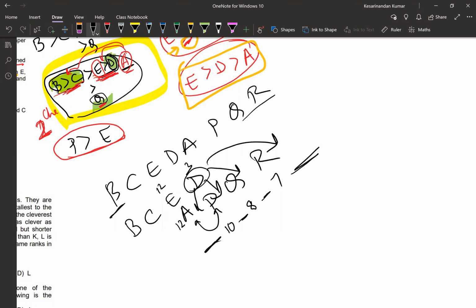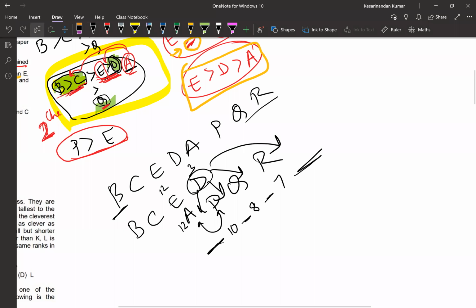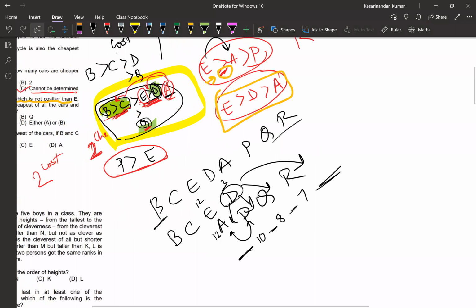Yes, ma'am. Actually, I considered only the first case that R is the cheapest of all the cars, so I gave the answer R. Yes, yes. And later I got to know that E is definitely not the cheapest among all. So that's why I gave the option D. True. See, actually we should not have this one here.